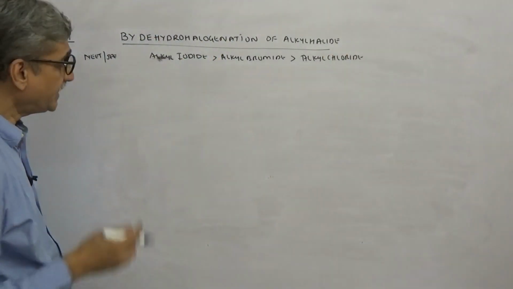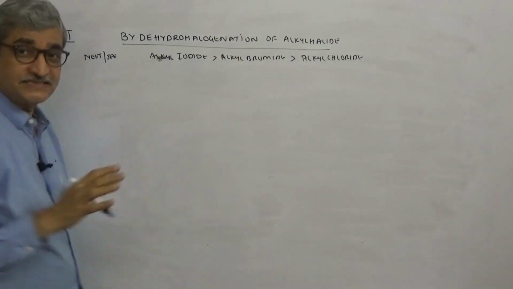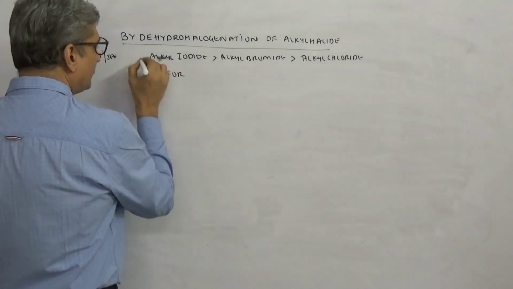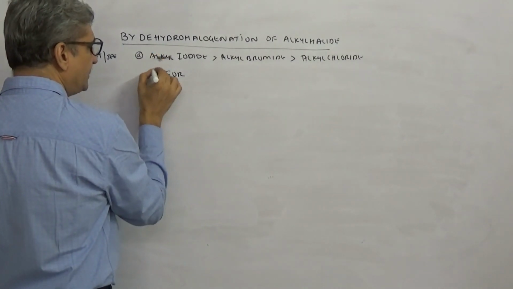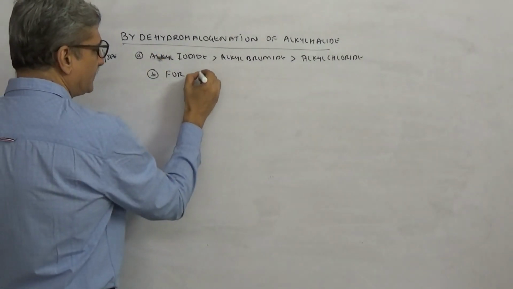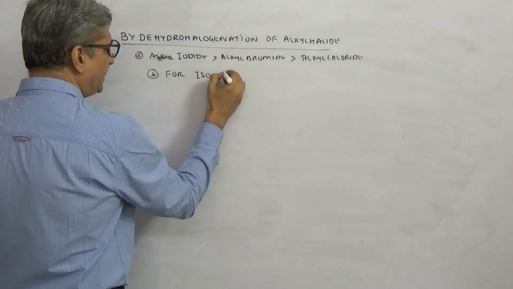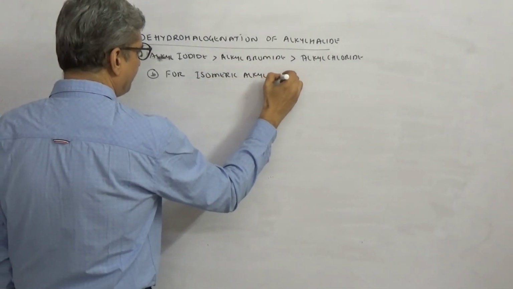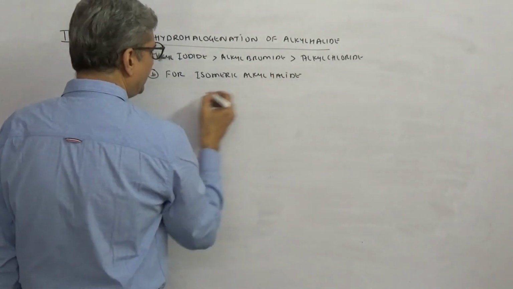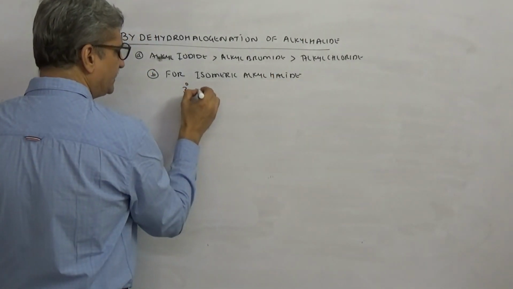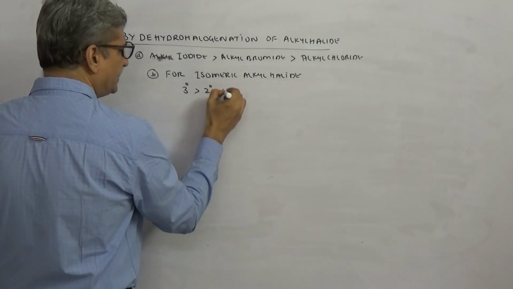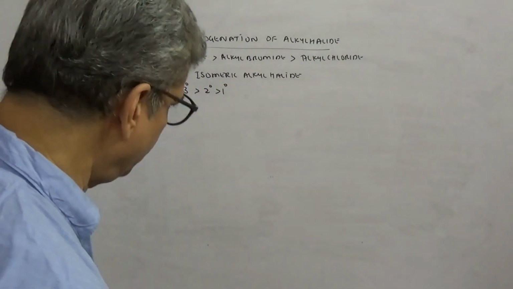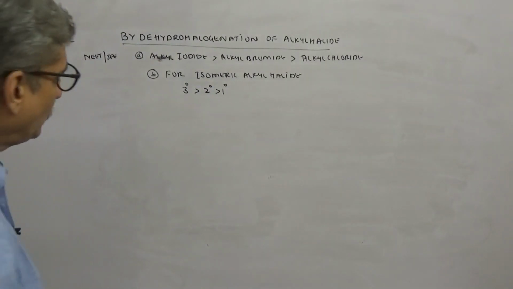Then the second thing is, for isomeric alkyl halides, it will be tertiary alkyl halide greater than secondary, greater than primary. So these are two MCQs possible in this. We'll come across much more in the course of our study.